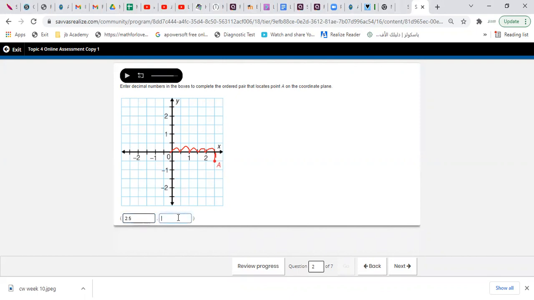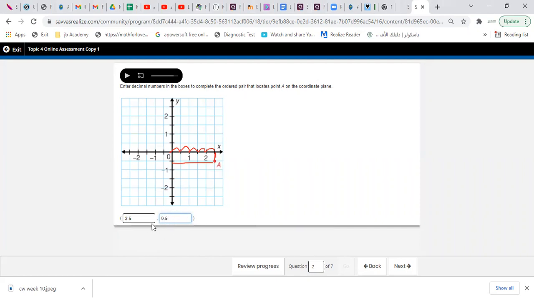And the y coordinate, how many units does it go down? Here it is negative half, -0.5.